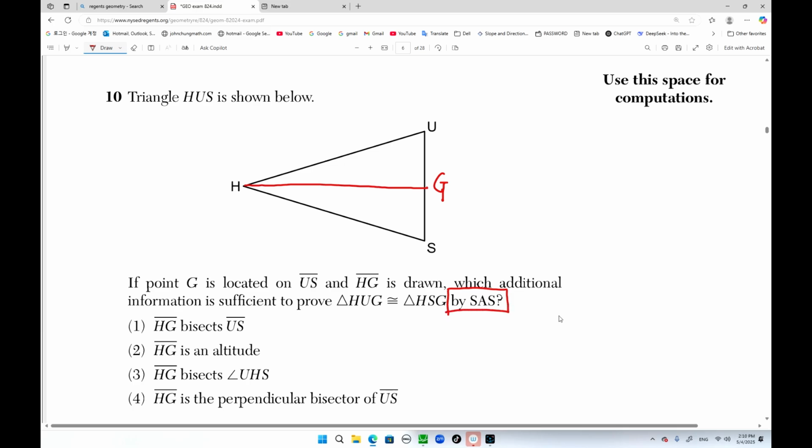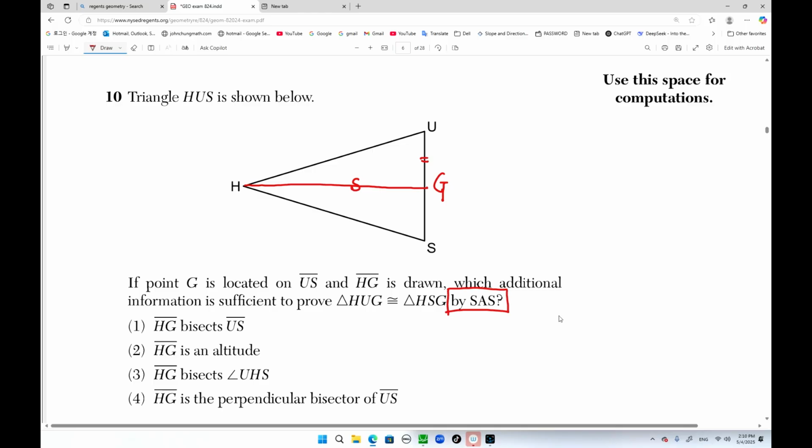Okay, side angle side. What is that? This is already one side. Reflexive. You can see there, right? Reflexive. We have another side. Maybe this side, HU equals HS, but we need the angle, right? Okay, there's no angle about this, so we have to use this one.